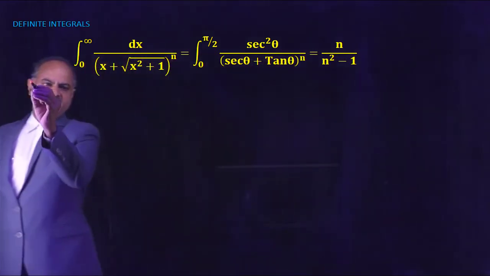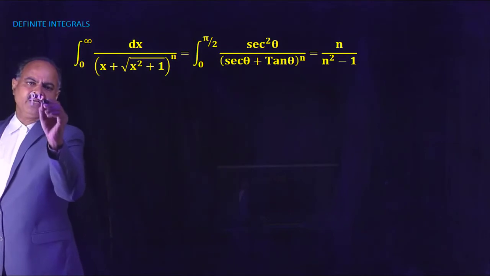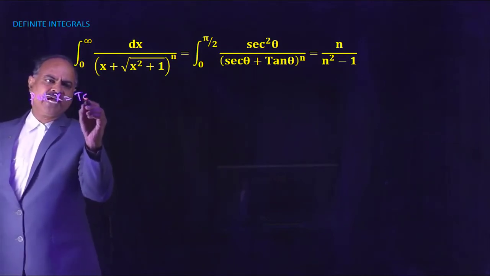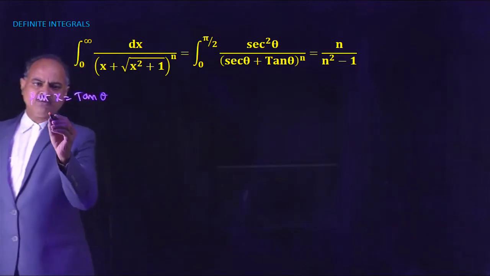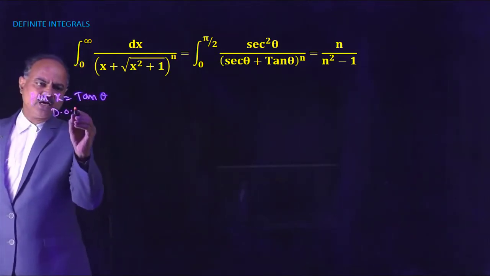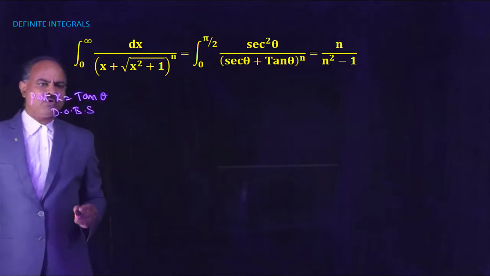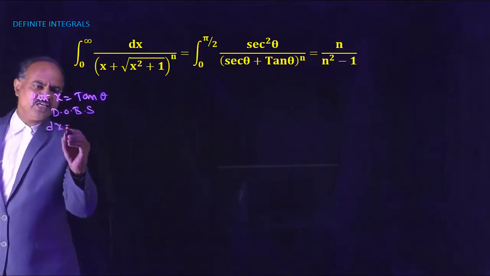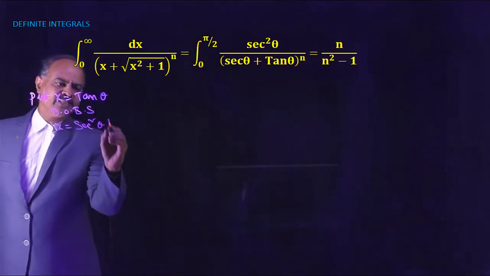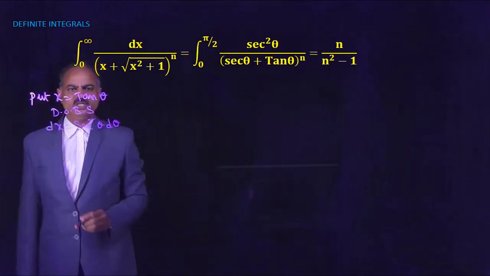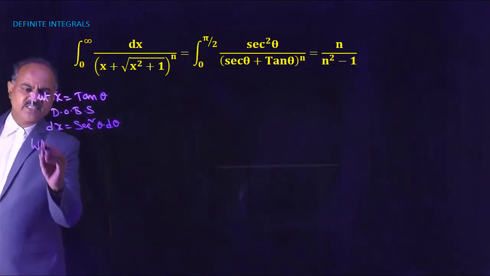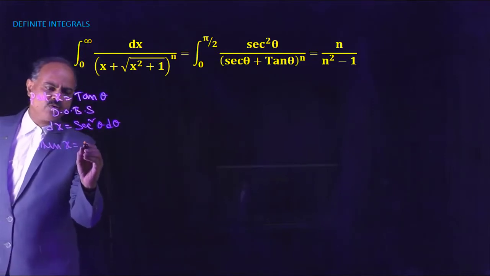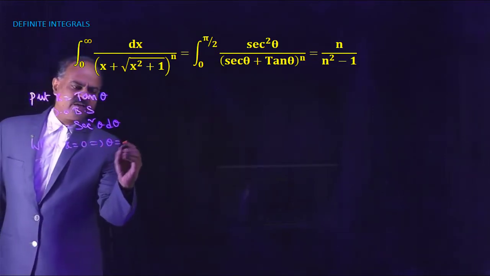Here put x equal to tan theta. So differentiate on both sides, dx equal to secant square theta d theta. So when x equal to 0, this implies theta equal to 0.